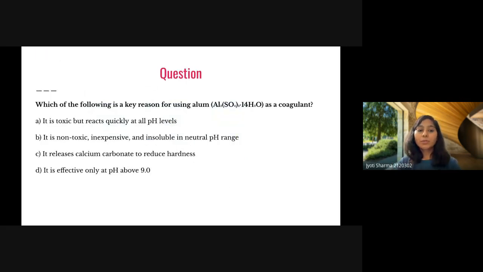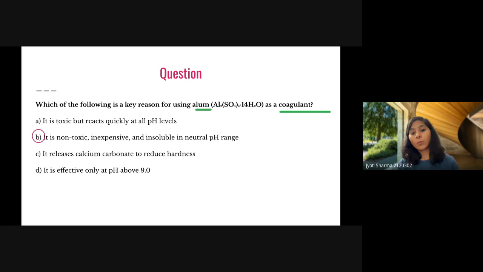Okay, so the next question is, which of the following is the key reason for using alum as a coagulant? We have four options. It is toxic but reacts quickly at all pH levels. It is non-toxic, inexpensive, and insoluble in neutral pH range. It releases calcium carbonate to reduce hardness. It is effective only at pH above 9. So I got B option, and yes, B option is the right one.